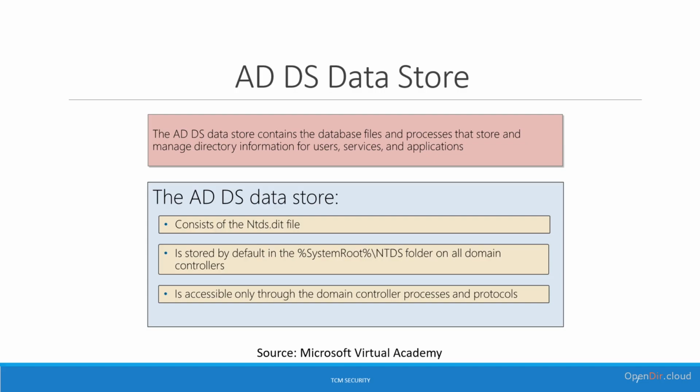Well, it contains everything that is stored in Active Directory: all the users, the objects, the groups, etc. More importantly, it contains password hashes for all users in that domain. So when you compromise that domain controller and then you get the ntds.dit file, guess what? You've got all the password hashes. Doesn't mean you have all the passwords, but you have the hashes.